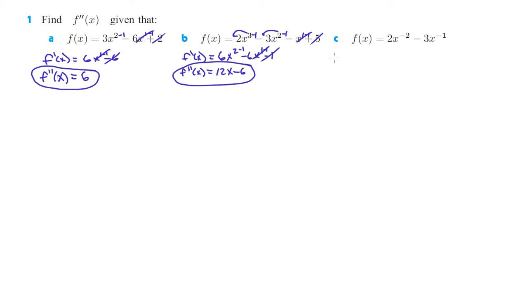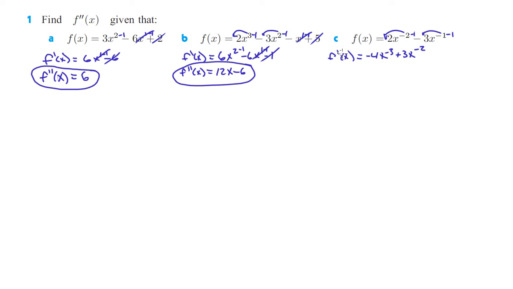All right, C. F double prime of x is going to be negative 2 times 2 is negative 4x to the negative third. Right? And then negative 1 times negative 3 is plus 3x. Subtract 1 from that is to the negative second. And then we've got to take the derivative of that. So I said f double prime. That is only the first.